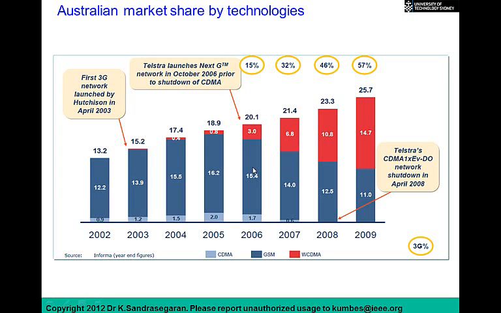This sort of behavior you will notice in most parts of the world. Eventually the GSM subscribers will be replaced by wideband CDMA because it offers more services than a GSM network.